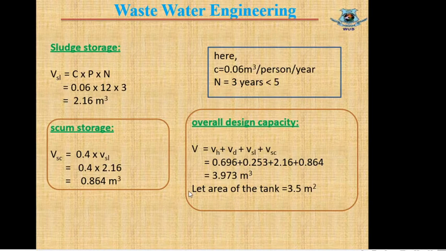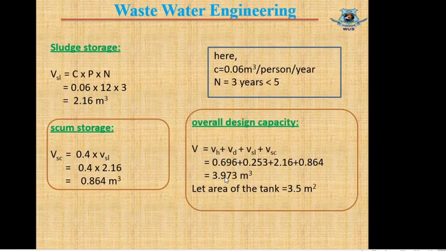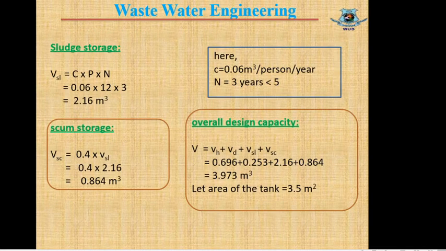There are no limitations on the area of the tank. It is better to use the area as a rectangle, and if we use a single compartment tank, there is a standard limitation that the length must be 3 times the width.